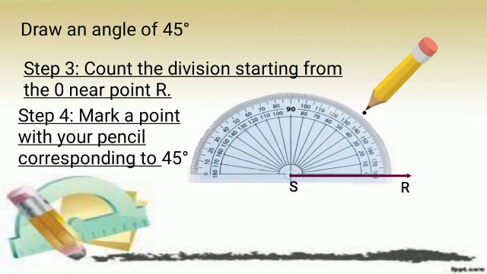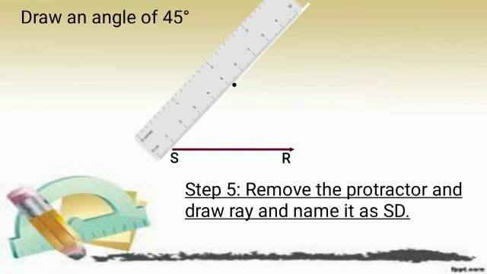So with the help of a pencil, you are going to mark the 45 degrees. As you can see here, I have marked with the help of a pencil, and I have started from the right hand side, and I have marked from 0 up to 45 degrees. After that, remove the protractor and draw a ray and name it as SD.